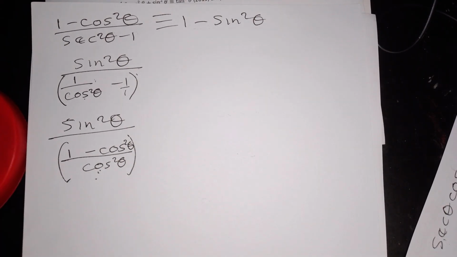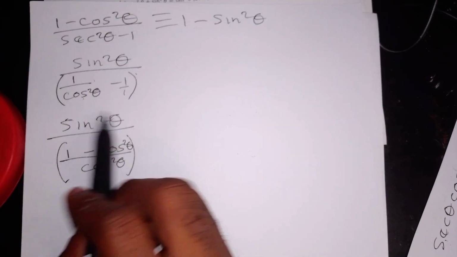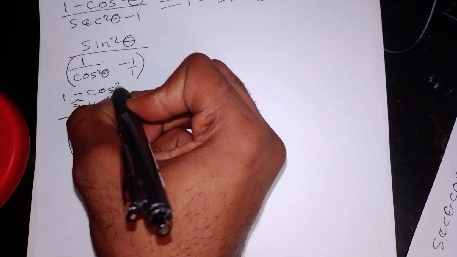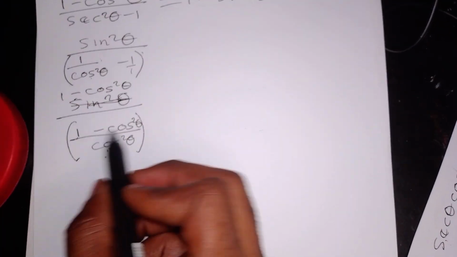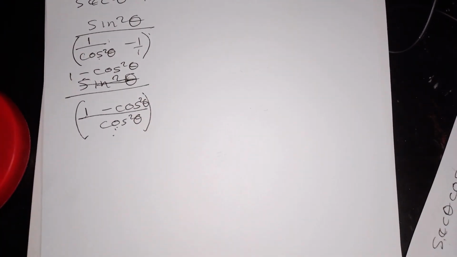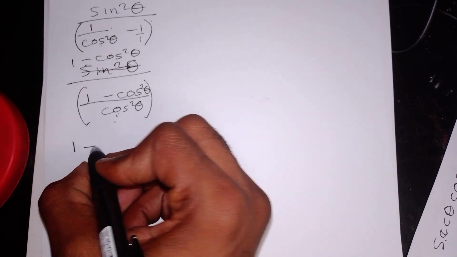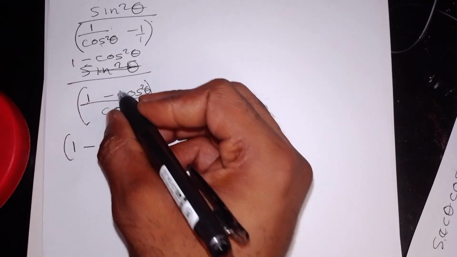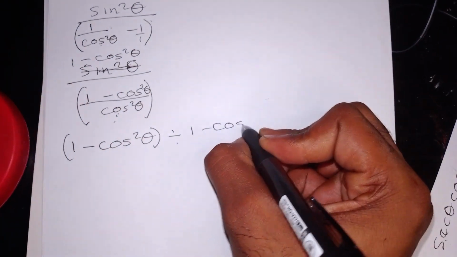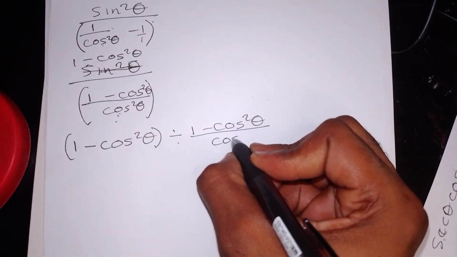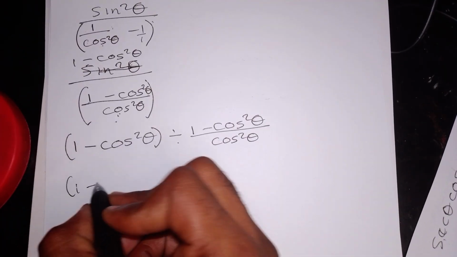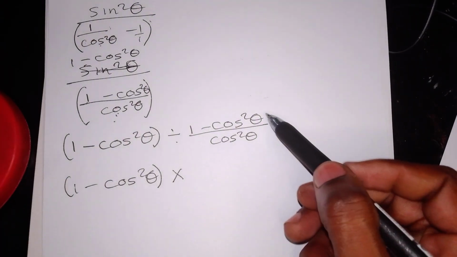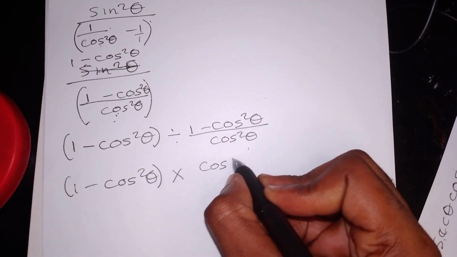And then after this, actually we shouldn't have changed this, so I'll change this one back to 1 minus cos squared theta, because I can see I have this thing here to divide. So this one will be 1 minus cos squared theta, and then this is being divided by 1 minus cos squared theta over cos squared theta, and this will be 1 minus cos squared theta multiplied by, I'll reciprocate this.